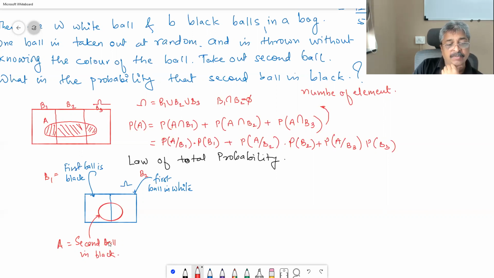So we are interested in finding the probability of the second ball being black. So we are interested in P of A, which is the summation of probability of second ball black given first ball black, or probability of second ball black given first ball is white, because we don't know what is the color of the first ball.